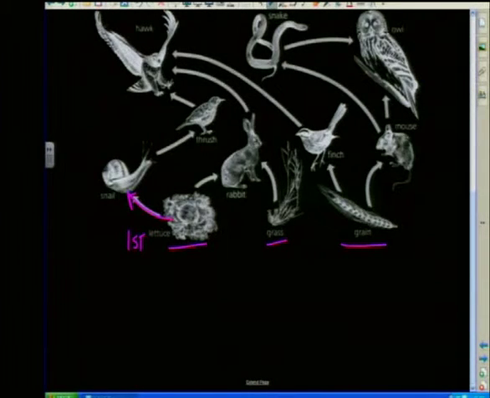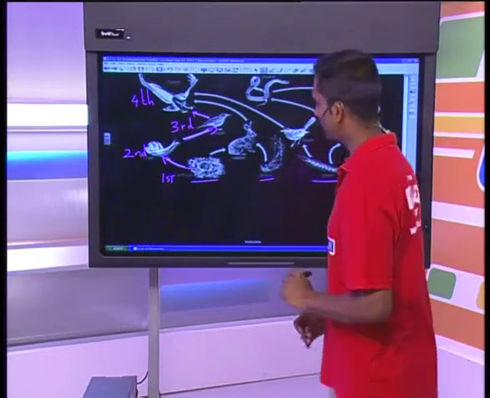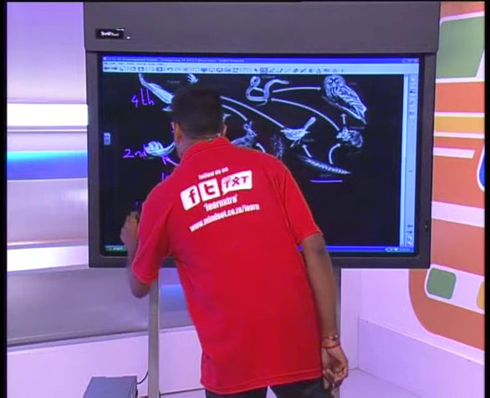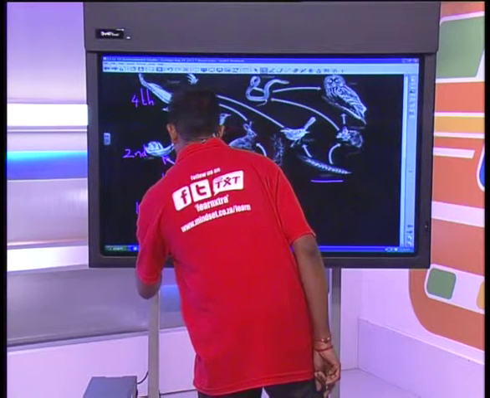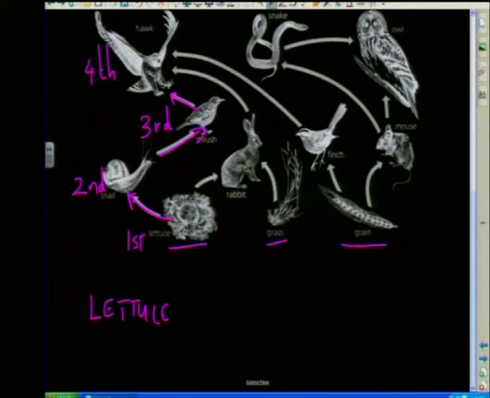The snail being the second trophic level, and the thrush birds are the third trophic level, and the hawk that feeds off these birds would be the fourth trophic level. So if I were to illustrate this in a diagrammatic form, I'd obviously write down lettuce, an arrow indicating the second trophic level, that'll be the snail.